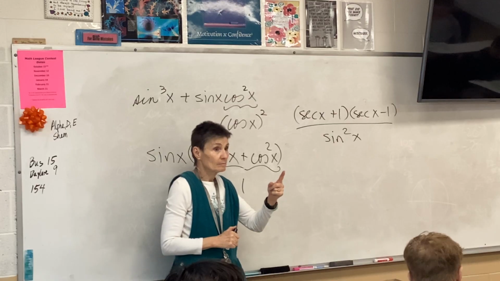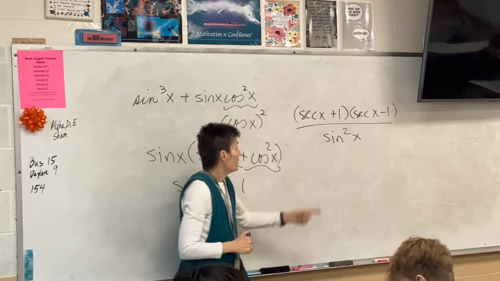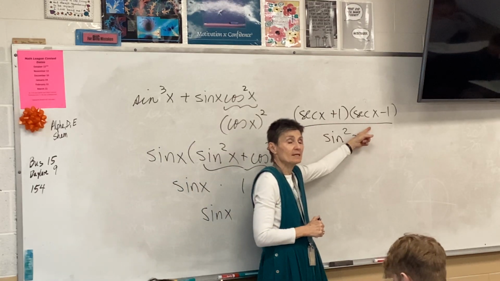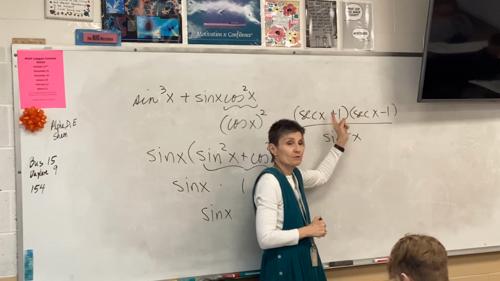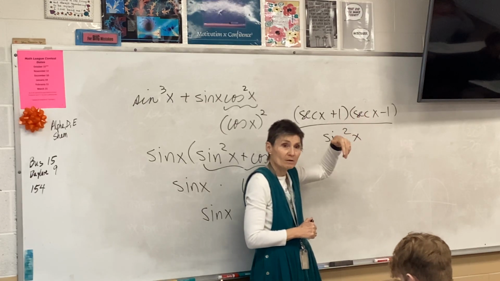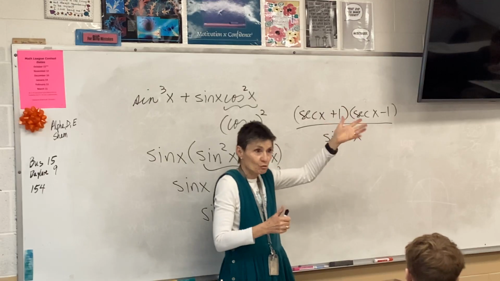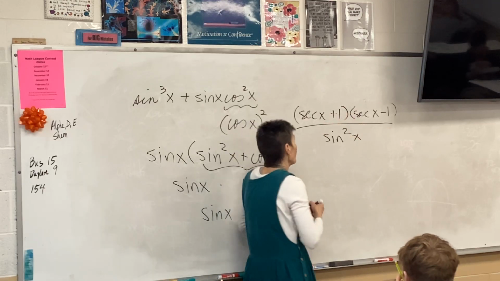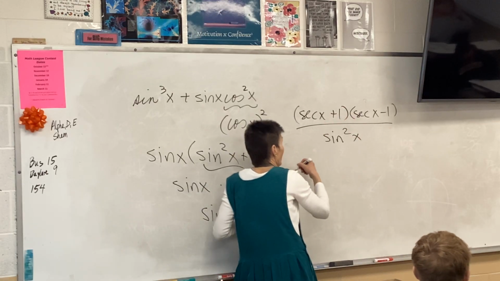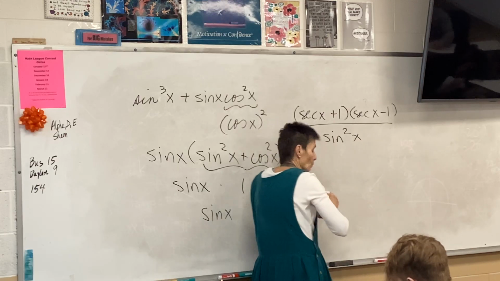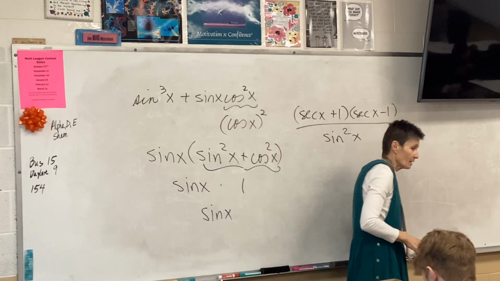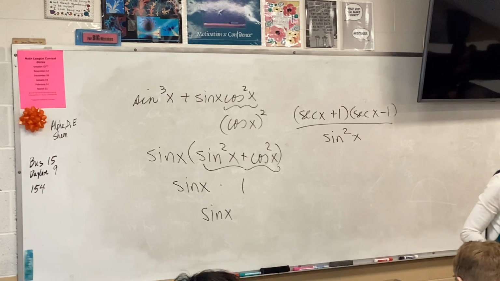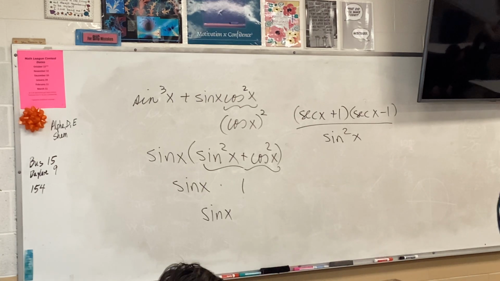Distribute. Absolutely. I have 2 parentheses times each other. So I'm going to FOIL it. Distribute it. FOIL it. So what am I going to be left with when I do that? Well, we'll have to wait till tomorrow to find out. To be continued.